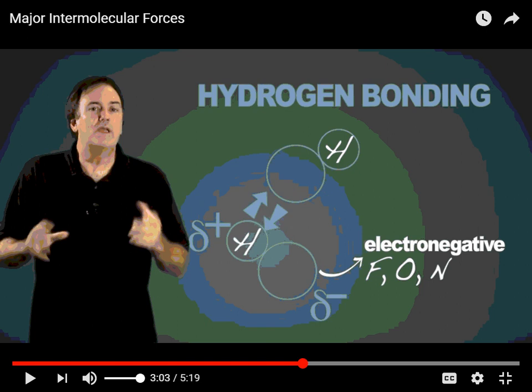All right, so all he said there was hydrogen bonding, which I'm telling you is not a true bond, it's just an attraction. It is when a polar molecule with H bonded to F, H bonded to O, or H bonded to N is involved. So you have to have two molecules with H bonded to F, O, or N. So I like to say hydrogen bonds are fine, F-O-N, okay?